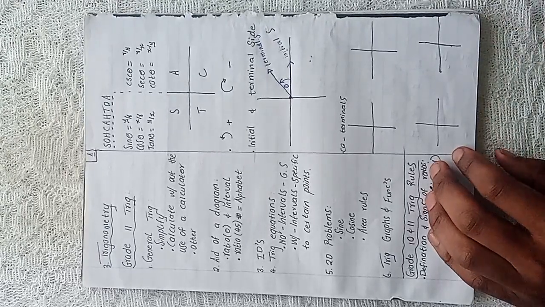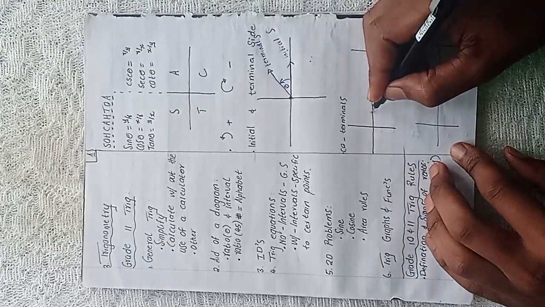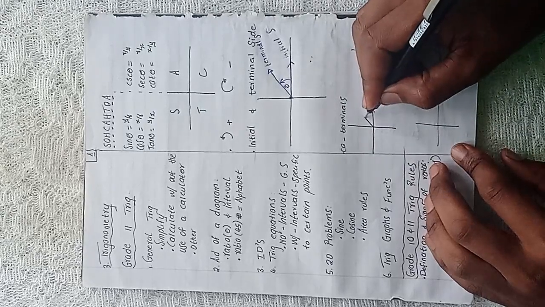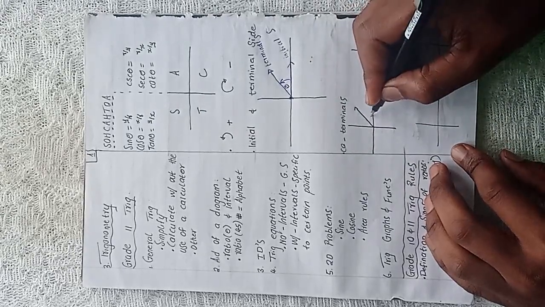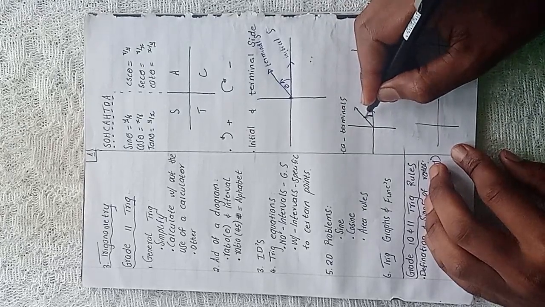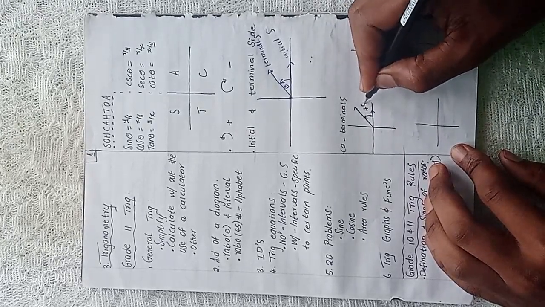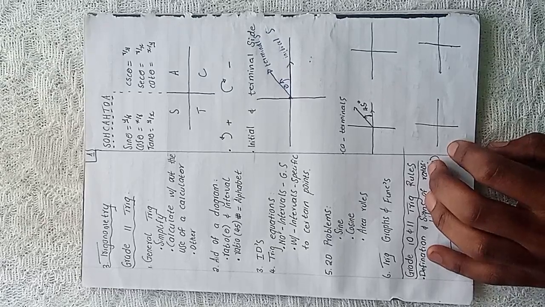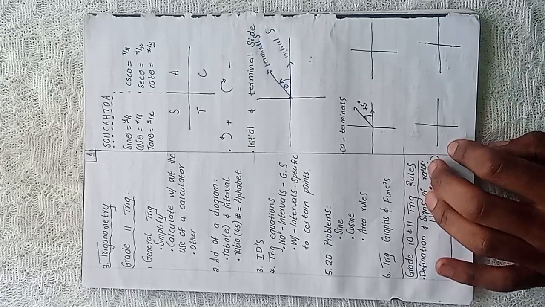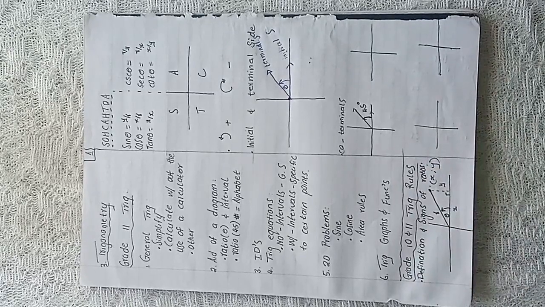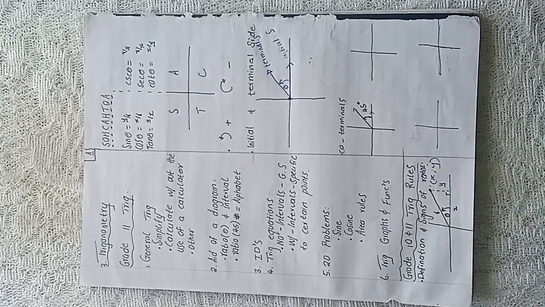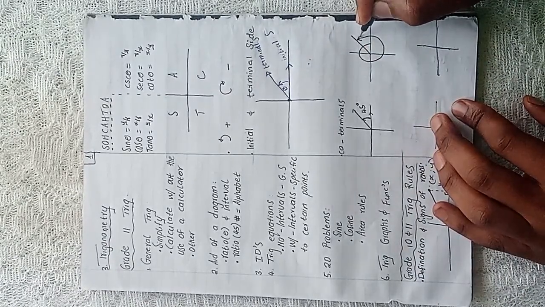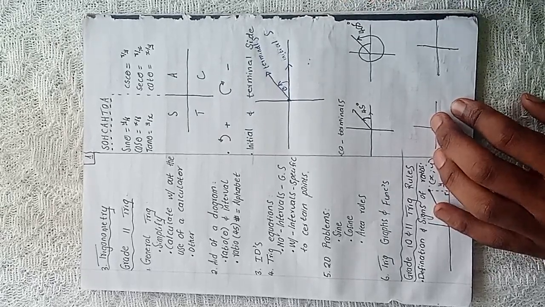For instance, let's take 45. 45 degrees will be here. That's 45. So 45 degrees will share the same initial side and the terminal side as 405.